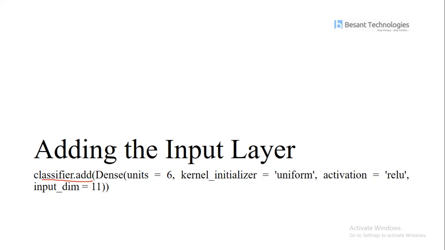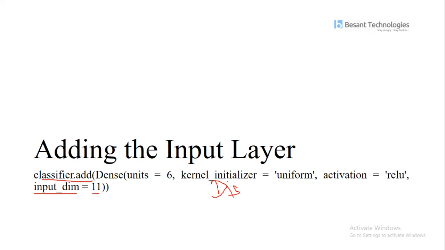So how many units do you want to build with this? That's what we are giving. The kernel initializer is nothing but the distribution we need to give, a uniform distribution. The activation is the rectifier. The input dim is how many input nodes you are choosing.